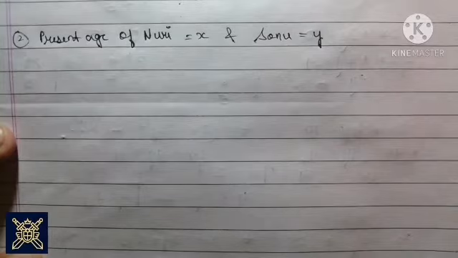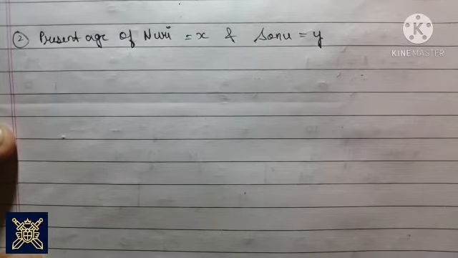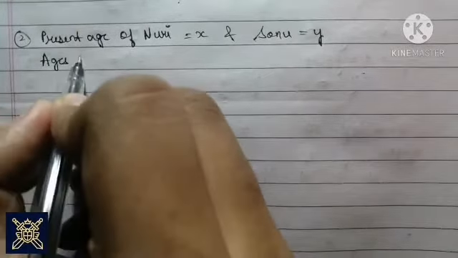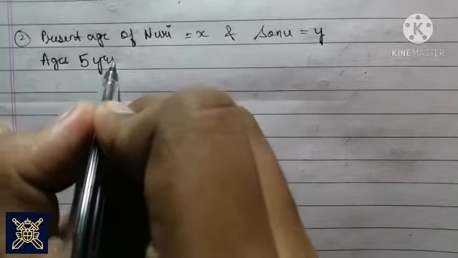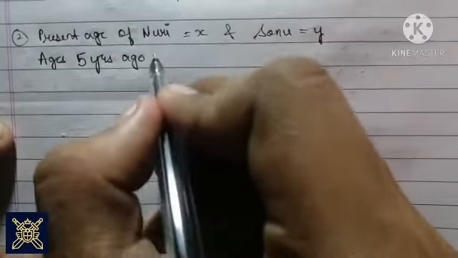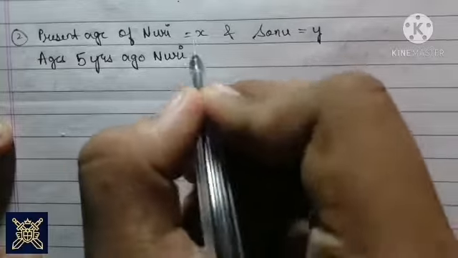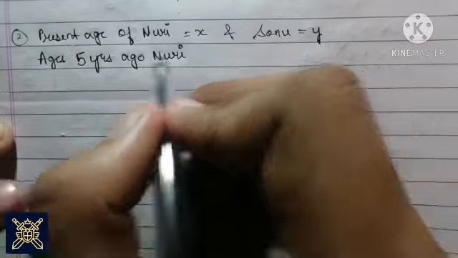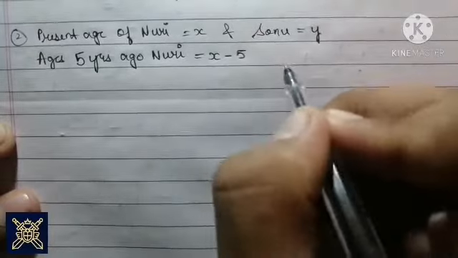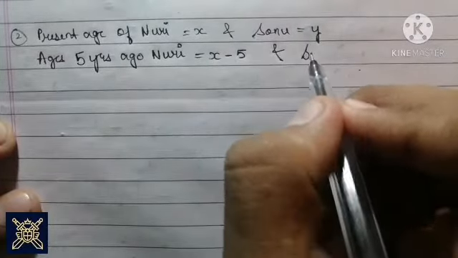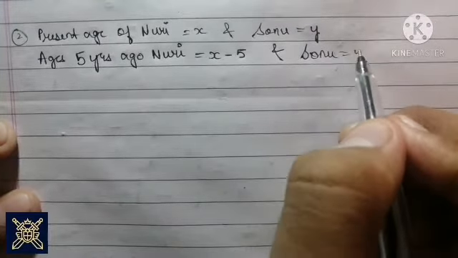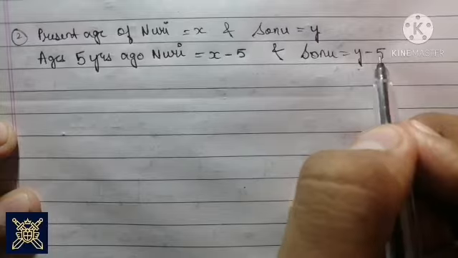Then we have to find what their age was 5 years ago. So if x is the present age of Noori, the age 5 years ago will be equal to x minus 5. And if Sonu's age is y, her age 5 years ago will be equal to y minus 5.